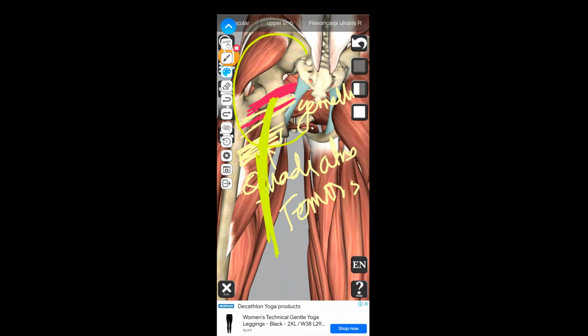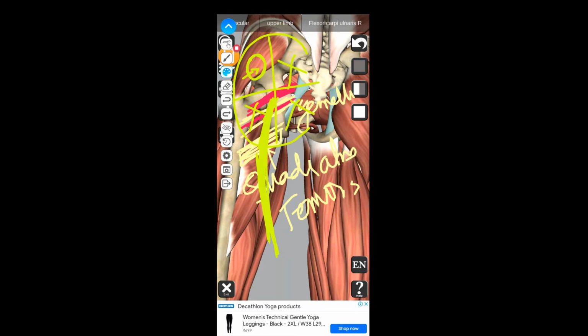So that's why you give an IM injection in the superior lateral quadrant. In the other three quadrants you are not allowed, because your sciatic nerve will be coursing there. Only in the superior lateral quadrant you have to give your intramuscular injection. Okay.